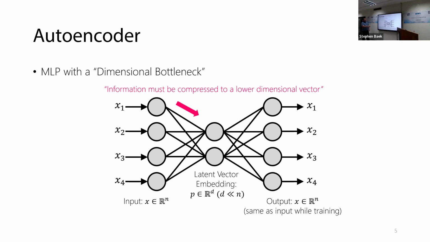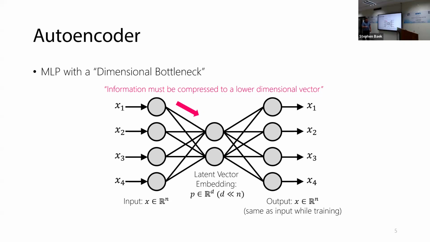The thing is, we have this dimensional bottleneck. The way we define autoencoders is we have an MLP, but the hidden dimension should be significantly smaller than the input dimension. Some n-dimensional input comes in, and that same input should be reconstructed as an output.